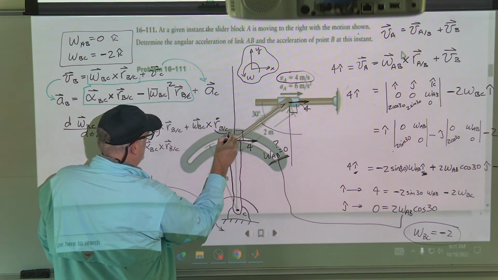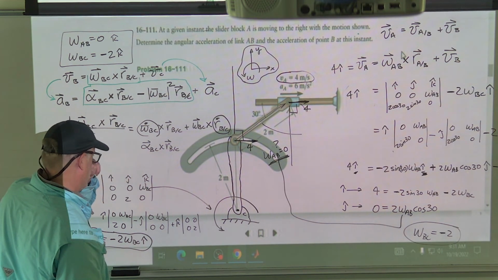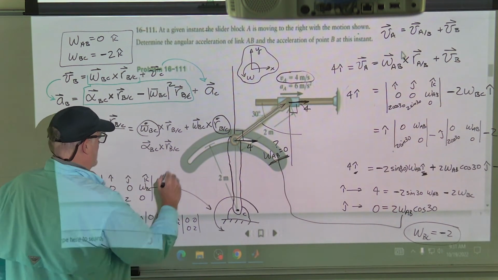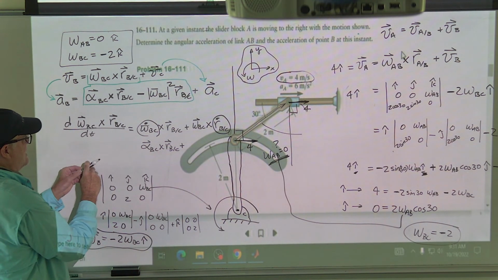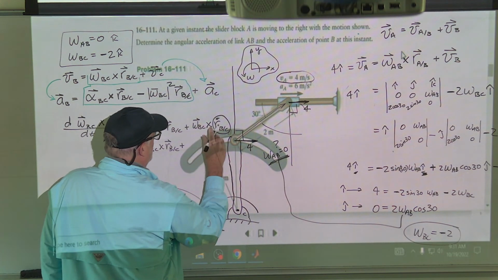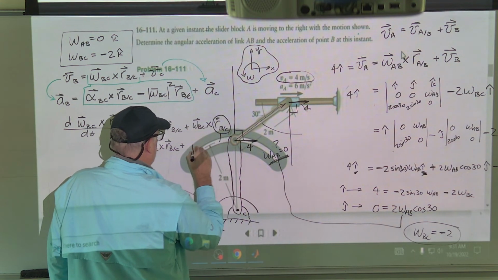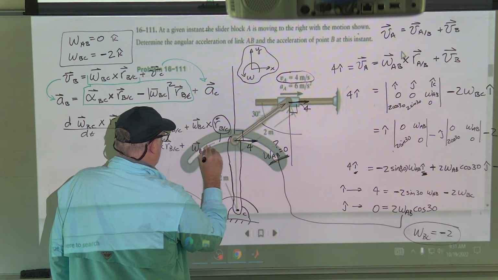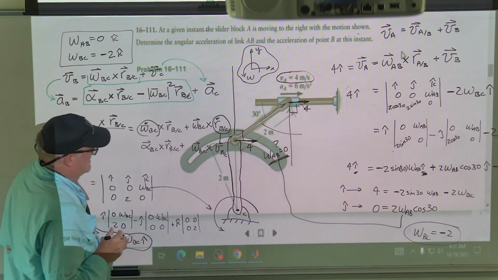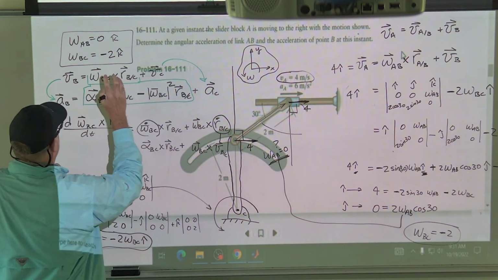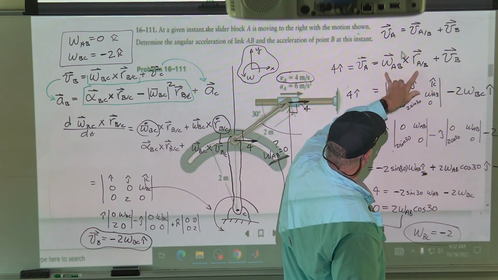Now, this one you stare at for a minute and you realize, I'm trying to think of a way to explain this that's a little bit reasonable. It becomes the velocity of B relative to C. But the velocity of B relative to C, this became this.